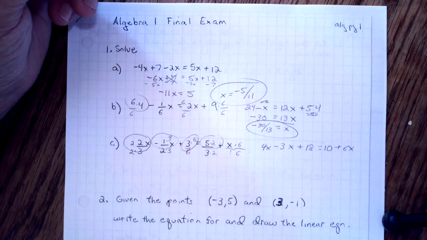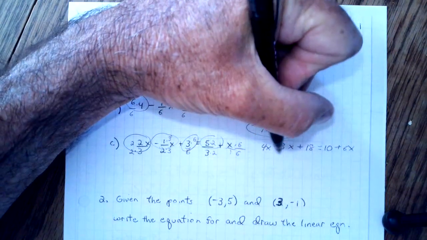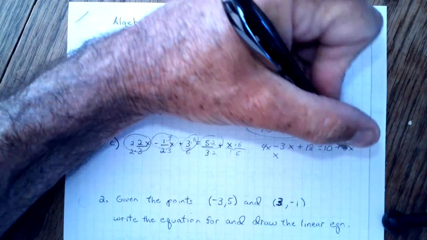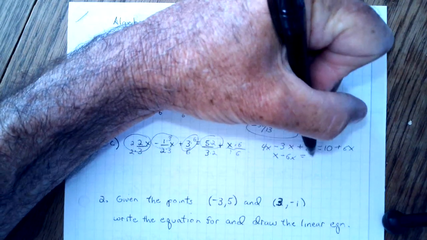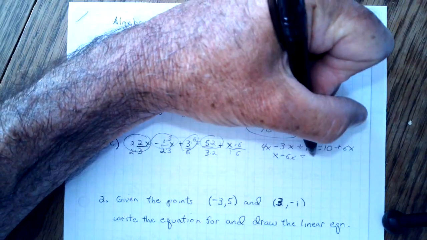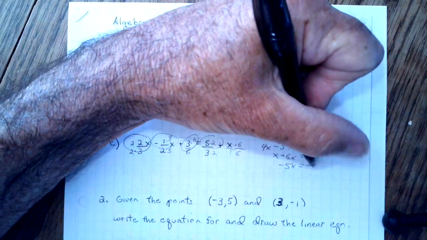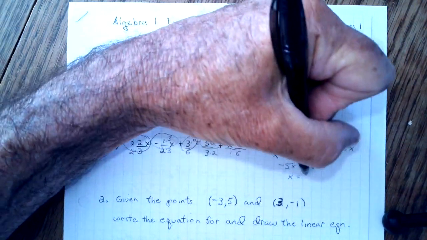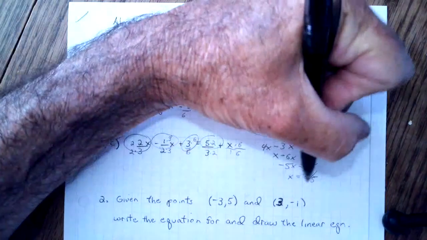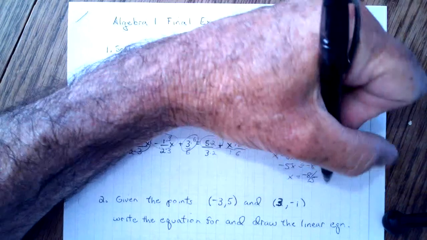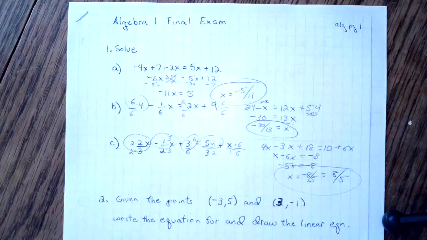So I'm going to take all the x's, put them on the left side. 4x minus 3x is x, and minus 6x. Subtract 18 from both sides, and I get 10 minus 18 is negative 8. So I get negative 5x equals negative 8, or x equals negative 8 over negative 5, or 8/5 is the answer. That's that one.